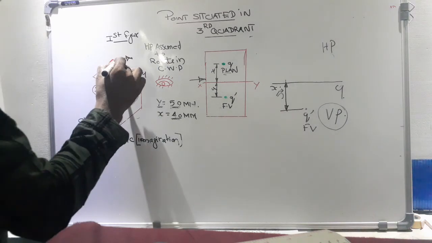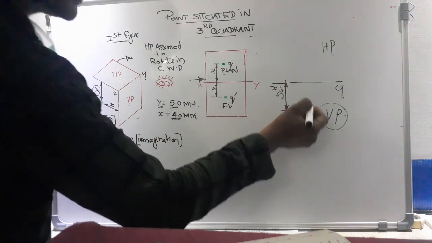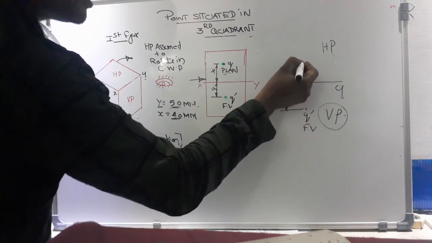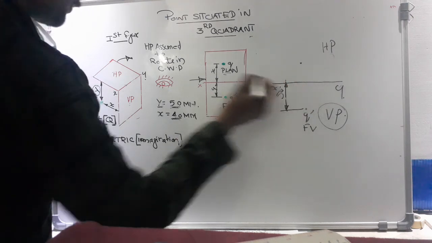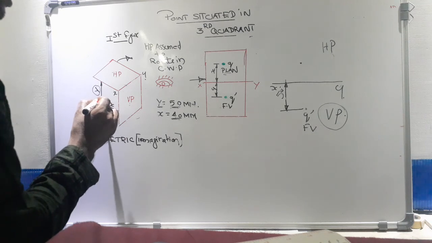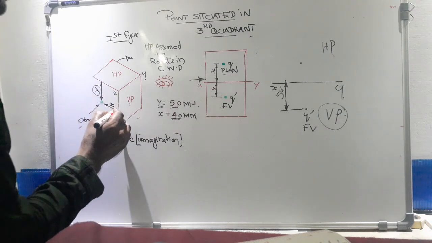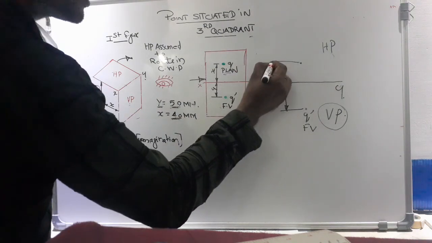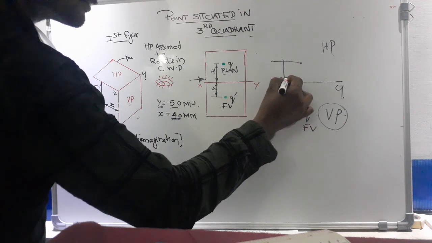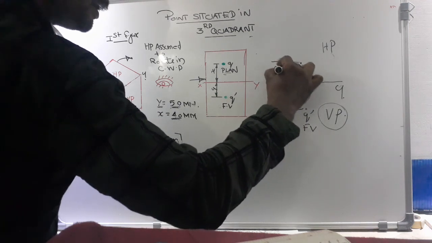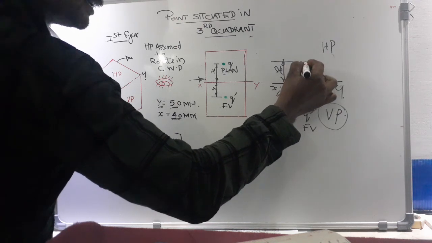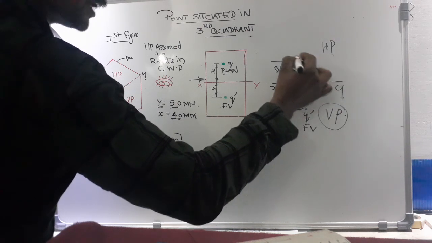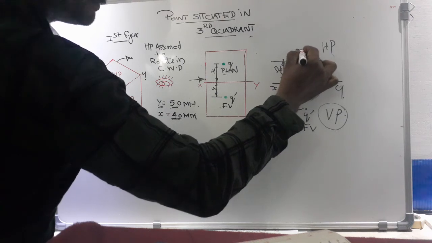If you rotate the HP in the clockwise direction, the point comes above the XY line, keeping a distance x, which is marked here. This distance is 40 mm and the point is marked with the letter q. That means this is the plan.